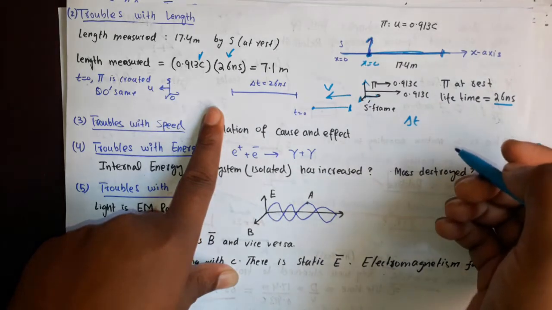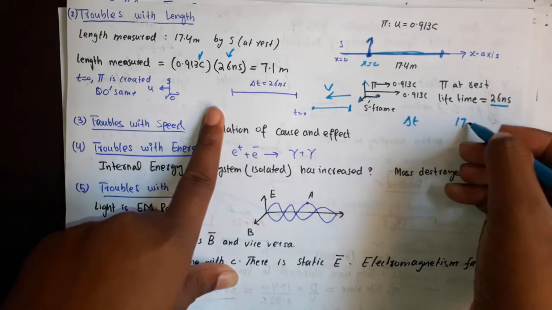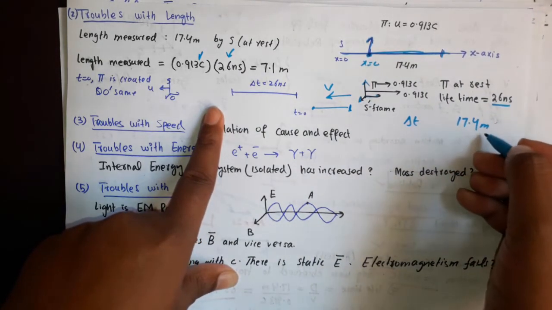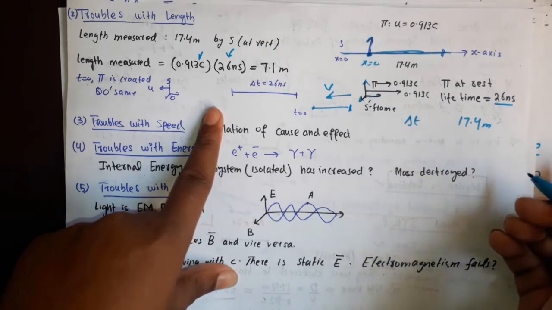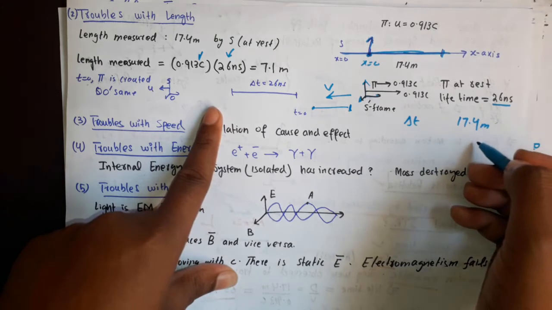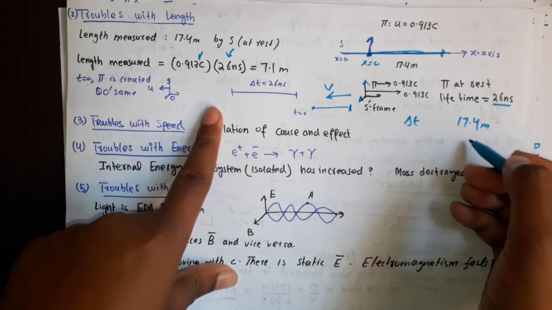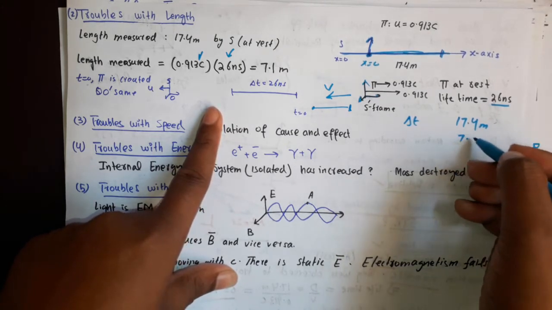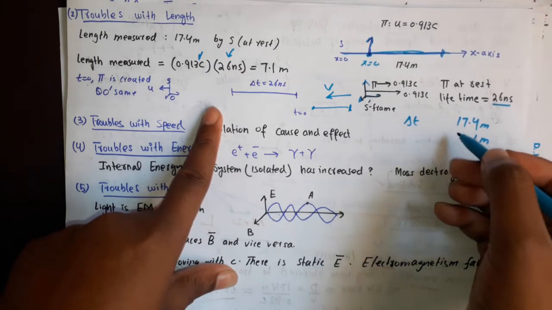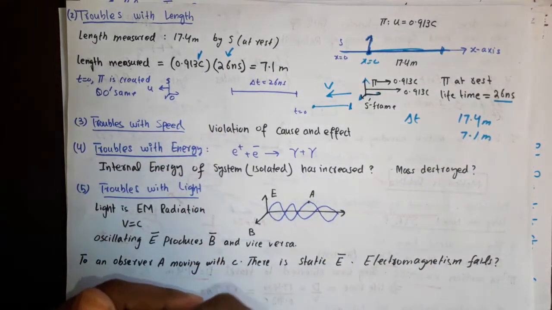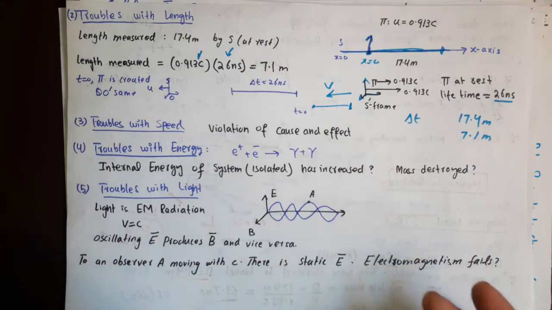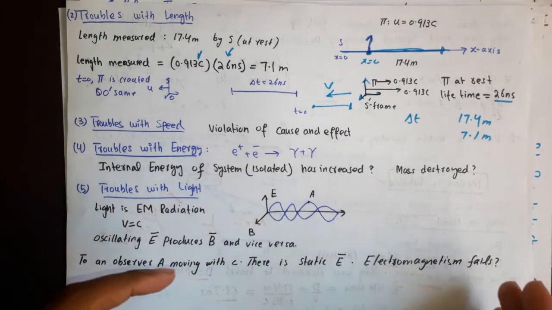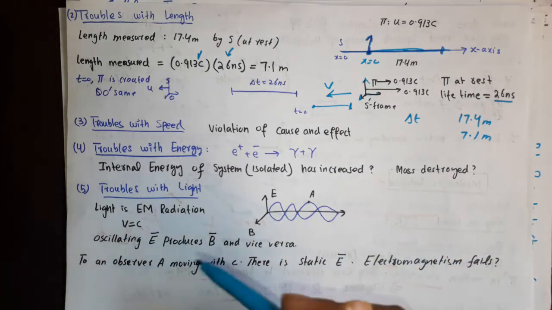One observer measures the distance traveled to be 17.4 meters, and the other observer measures the same distance to be 7.1 meters. That is another problem, meaning the length, the distance traveled, is also relative; it has something to do with the motion.